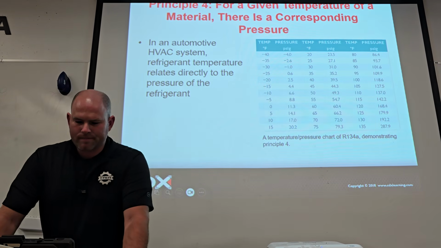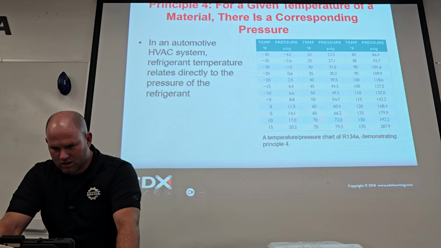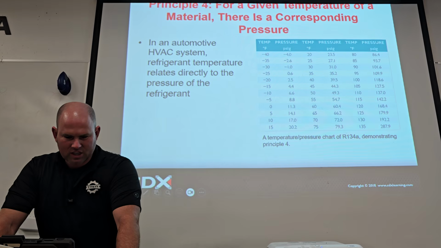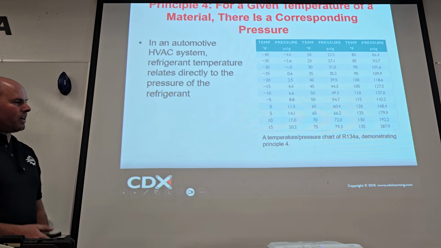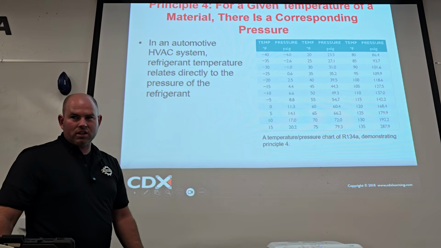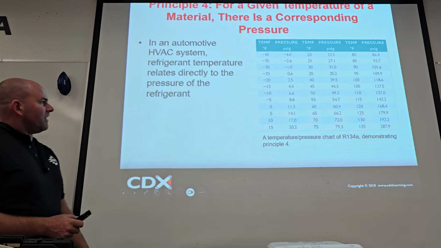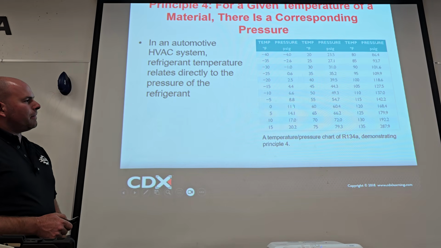And then remember this, for a given temperature of a material, there's a corresponding pressure. All right. So for example, if we had R134A, which is the refrigerant I like to use as an example, even though it's going away. If it was 0 degrees Fahrenheit, it would be 11 psi.